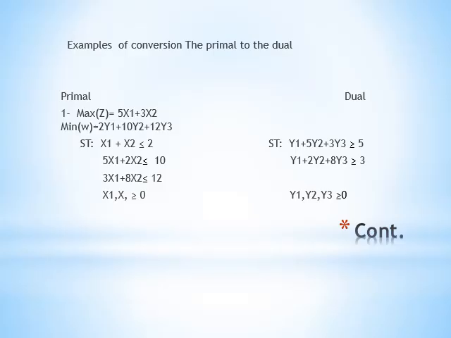The profit of one unit of x1 equals 5, and the profit of one unit of x2 equals 3. The objective function is restricted by 3 constraints, and obviously the non-negativity condition is given.